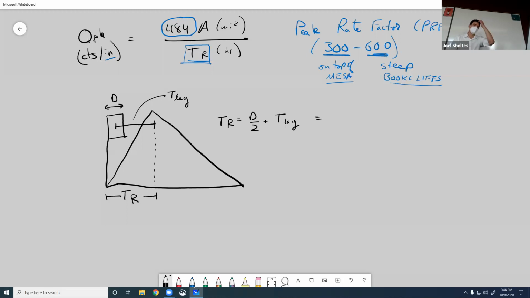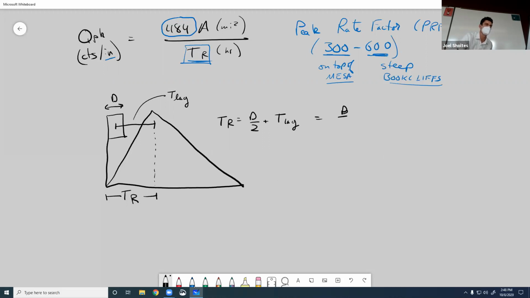Does anyone remember what the lag time is related to? That's what we learned last time on Tuesday. Yeah, it's the middle of your rainfall event to the peak, that's the definition of lag time. But it's also related to time of concentration. Do you remember that? 0.6 times the time of concentration.